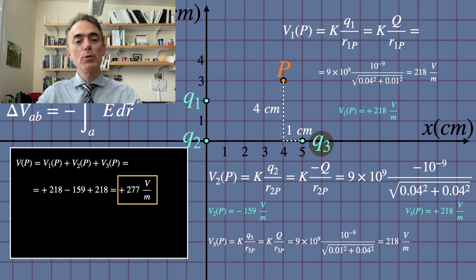And this is the electric potential created by this distribution of charges at point P.